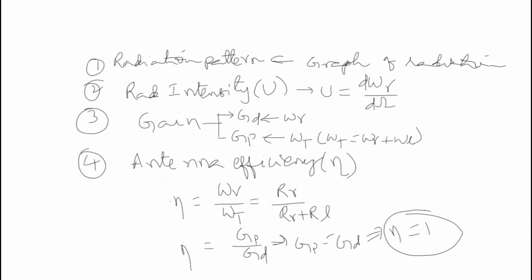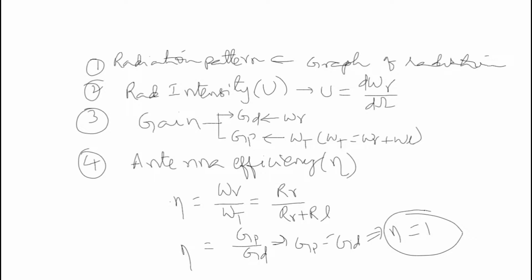Then WT equals WR, that means the radiated power is equal to the total input power. Whatever power is given to the antenna is radiated into space, which gives 100% efficiency. These parameters were discussed in the previous class.